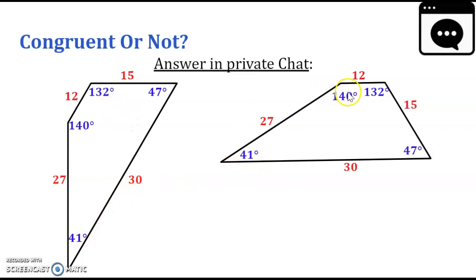And then the last one also should match up too, if all three are matching up. So yes, they are congruent because all the angle measures are the same and all the corresponding side lengths are the same, almost as if you can rotate this onto the shape on the right.